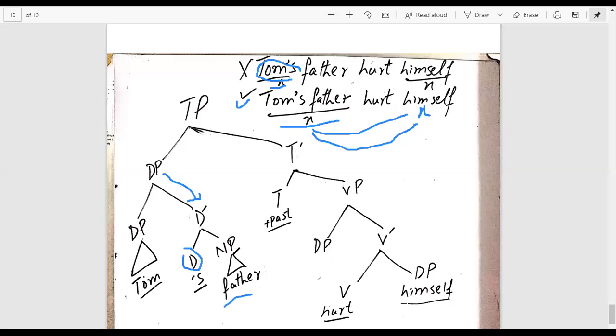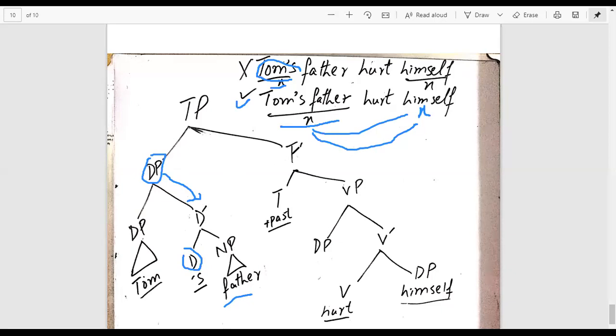Normally NP comes under the umbrella of DP, so that's why I use DP. Then under the DP, of course, you have another determiner phrase, that is Tom, and then we go to the D bar, and under the D bar level you have D and NP. This phenomenon is actually discussed in X bar theory, which I have already discussed, and I will again discuss it in the next few lectures.